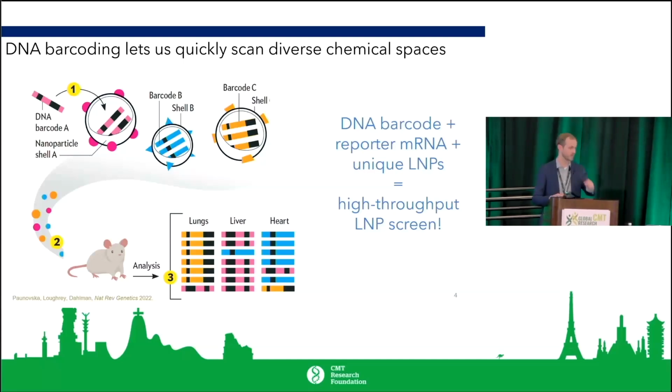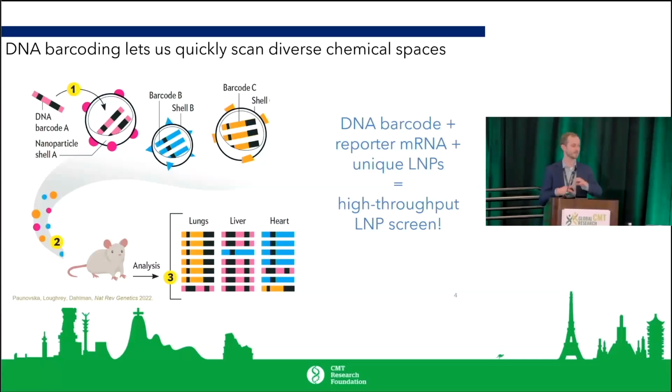So our lab has used DNA barcoding as one way to quickly scan these diverse chemical spaces. The way this works is that we incorporate a unique DNA barcode into each unique lipid nanoparticle formulation, such that we can create libraries of these unique LNPs, each with its own DNA barcode and a shared common reporter mRNA.